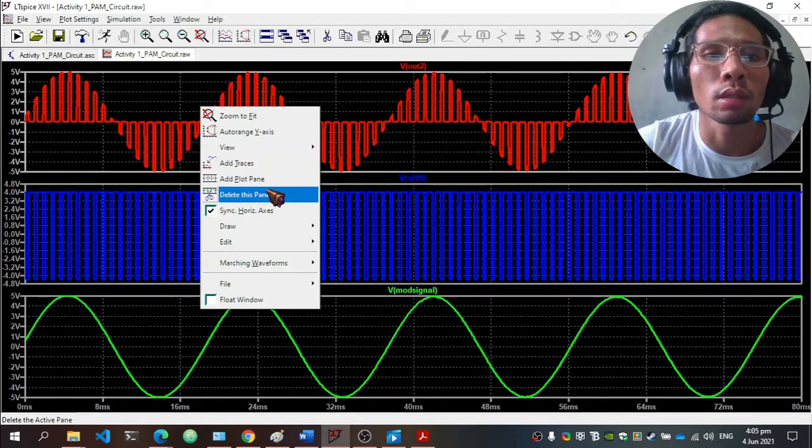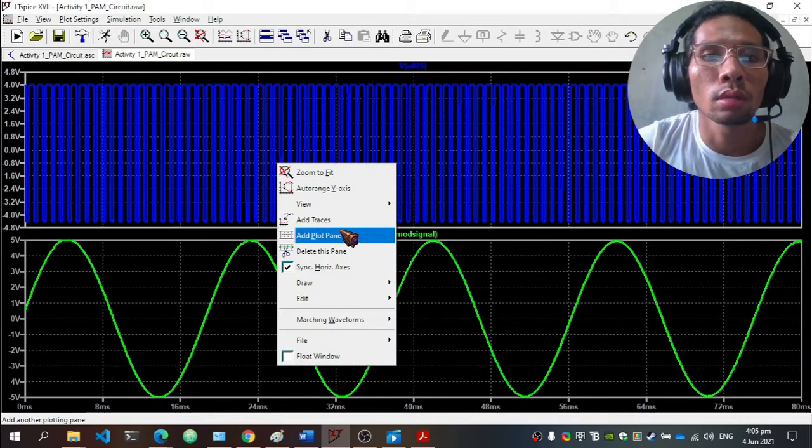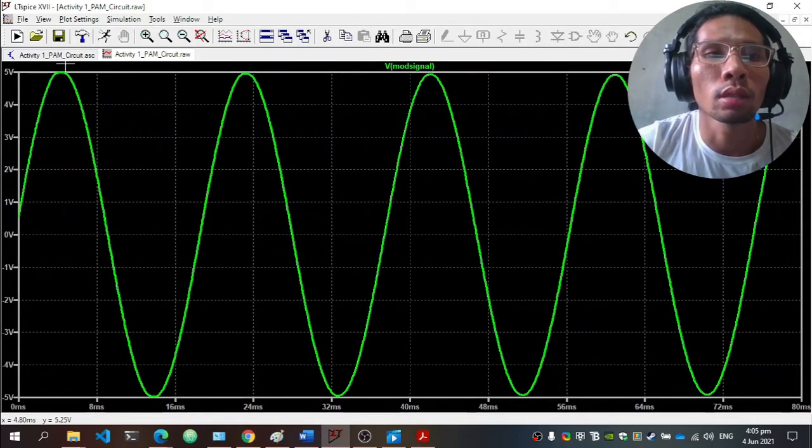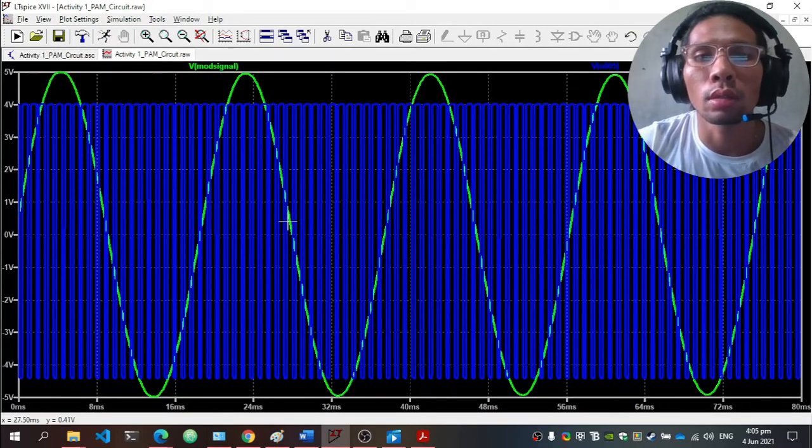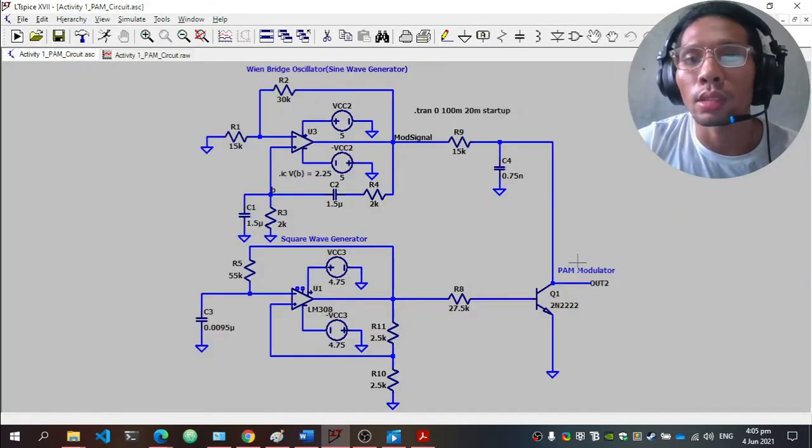So we remove the plane, and by adding the square wave generator output to the original plane, you can see they are on the same plane. Next is the pulse amplitude modulation signal.